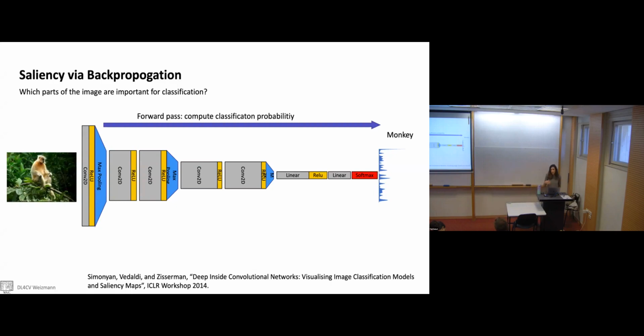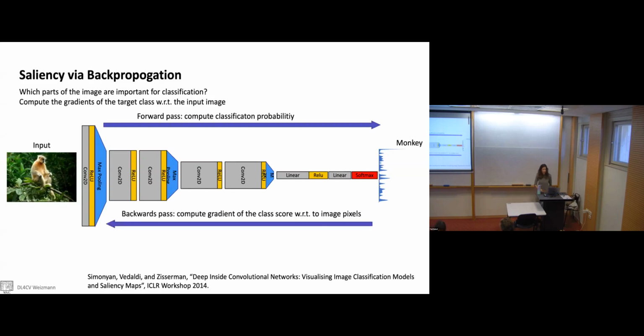To frame it in this context: if I change my image pixels a bit, how will this affect my output classification score, okay? And in order to do that, we want to use the fact that we can backprop through this neural network.